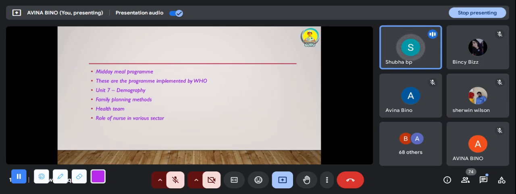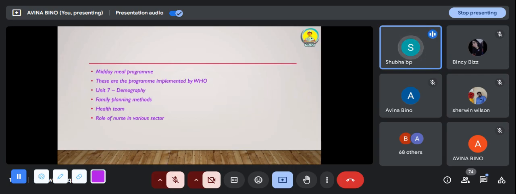And the next question is health team. As I said earlier, health team means many people work in the health team: Asha workers, nurses, doctors, pharmacologists. So what is the role of the Asha worker? You should know.